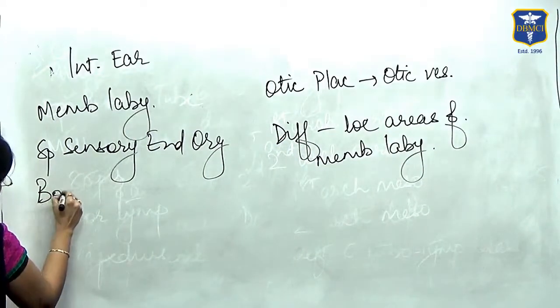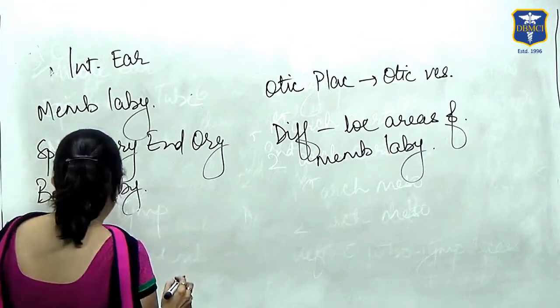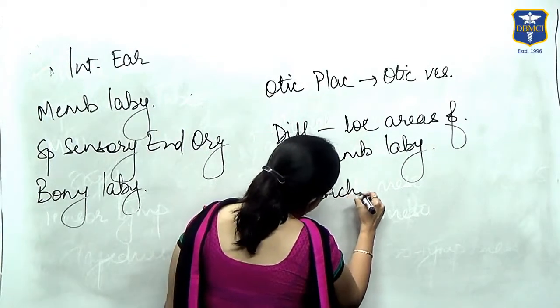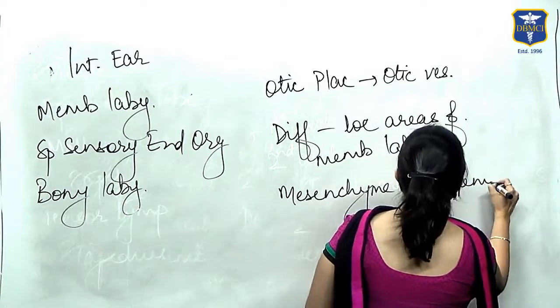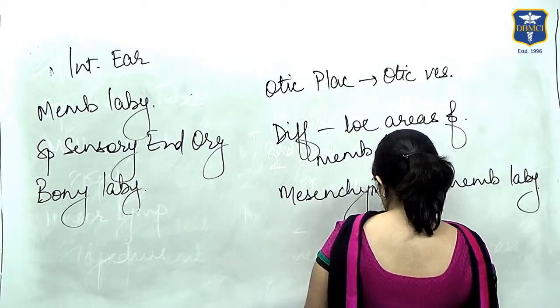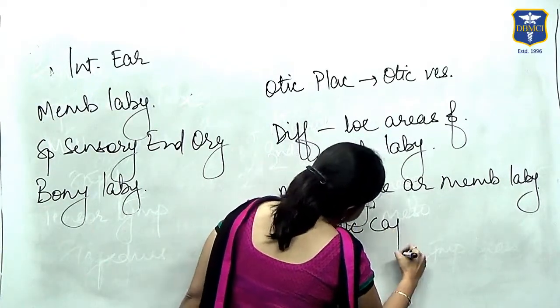The bony labyrinth develops from the mesenchyme around the membranous labyrinth which is condensed to form the otic capsule.